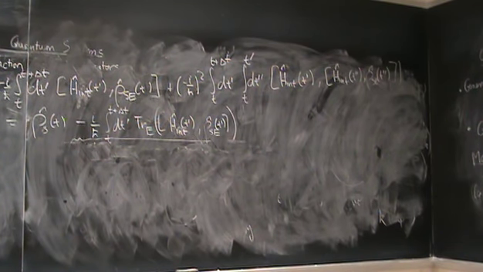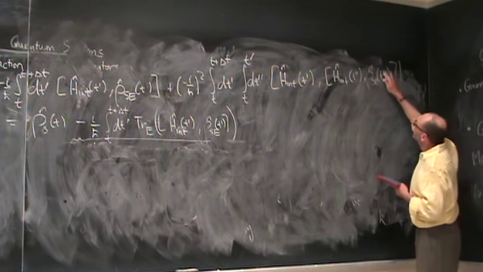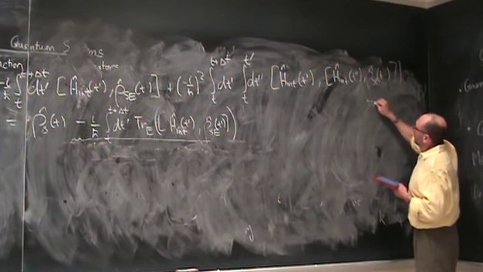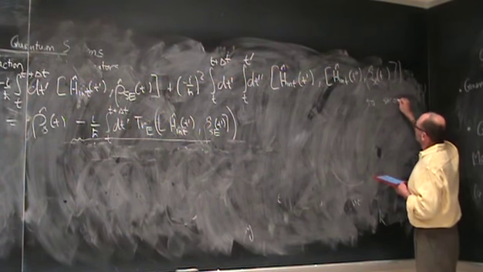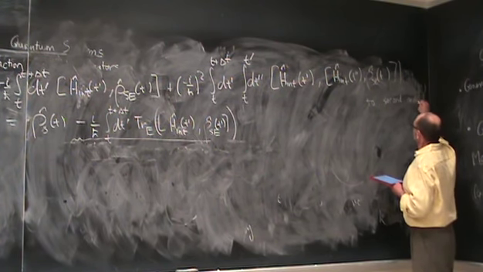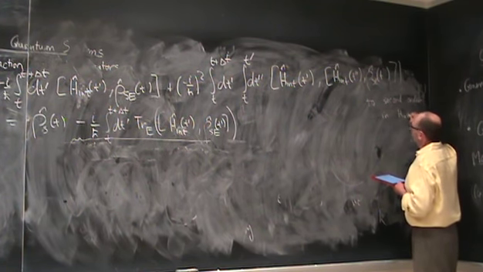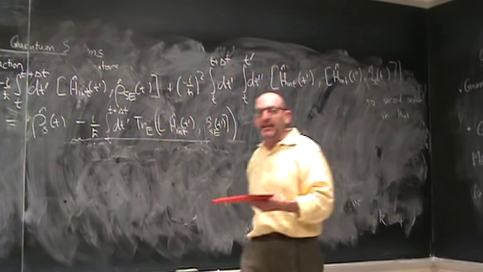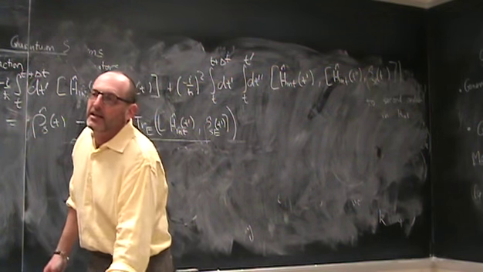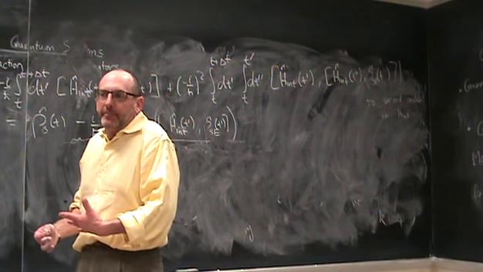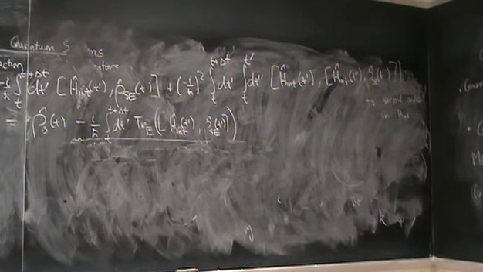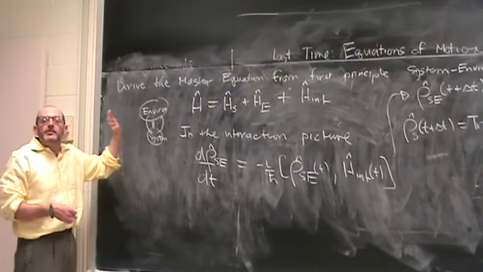And now what I'm going to do is just truncate this, so this is second order in the interaction. As long as my delta t is short enough, I can do perturbation theory. The effect on the whole system, I'm only going to keep to second order.